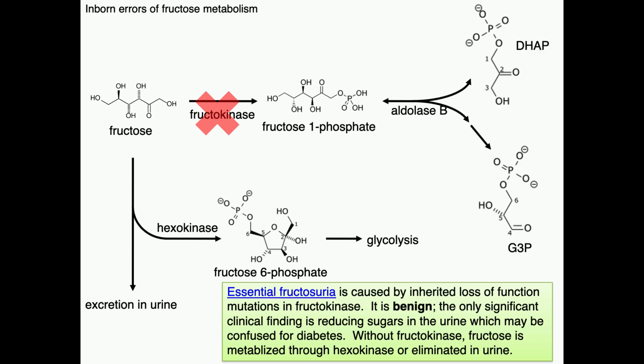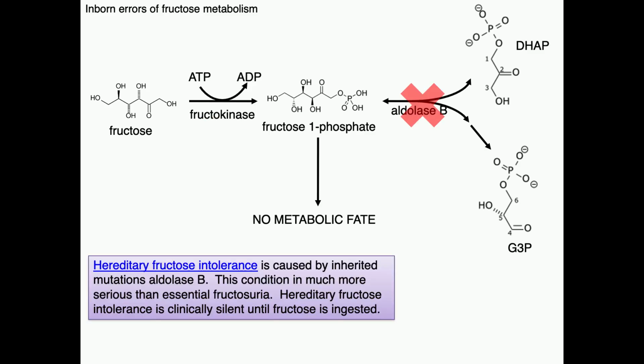So that is in contrast to hereditary fructose intolerance. Hereditary fructose intolerance is a deficiency of that liver-specific aldolase B enzyme. This has the clinical phenotype of hypoglycemia and tremulousness and seizures and clammy skin and feeling unwell.